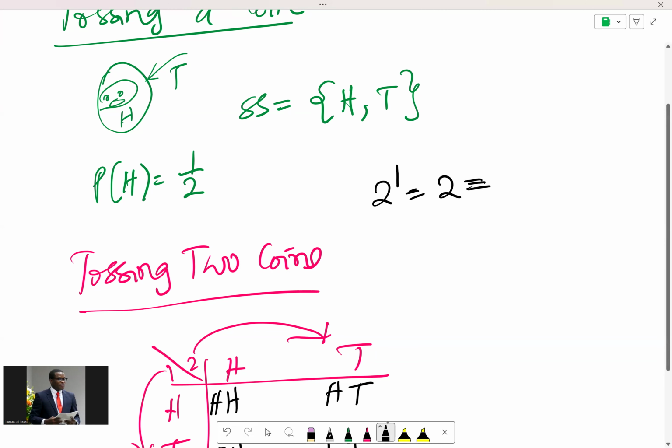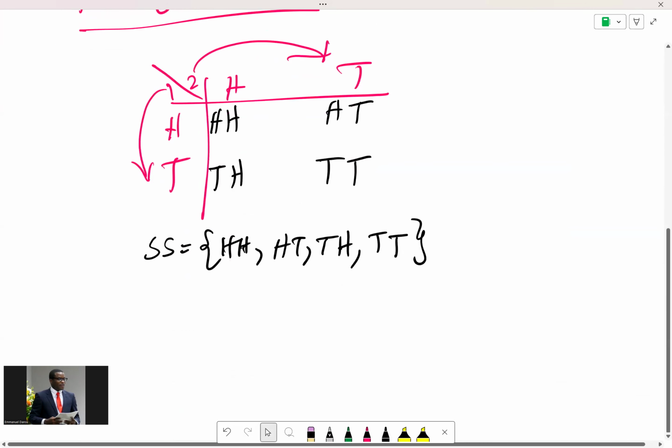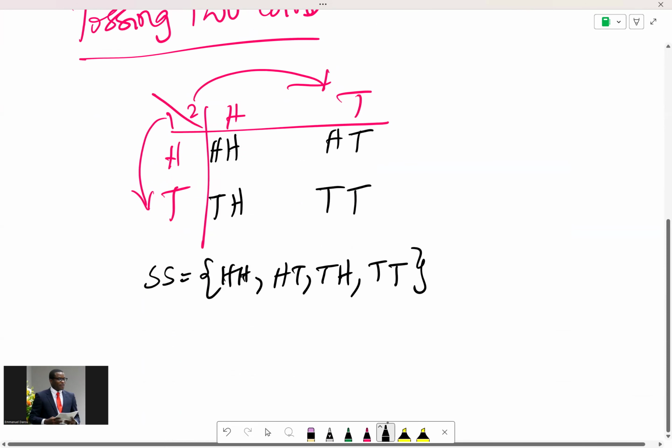That simply means the number of faces the coin has, raised to the power of the number of coins, determines the number of outcomes. Here too, you have two faces for a coin, raised to the power 2 coins, and you have 4 outcomes. So you can know the number of outcomes based on the number of coins, because every coin has 2 faces.